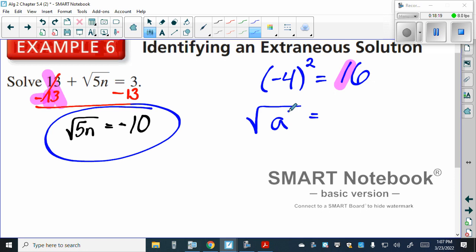If we apply an even root, we can get the plus or minus. Here, we're already starting out as an even root. We can't have this be negative. The number that comes out of a radical, when it's not talking about something being squared, can't be negative. So this doesn't work.